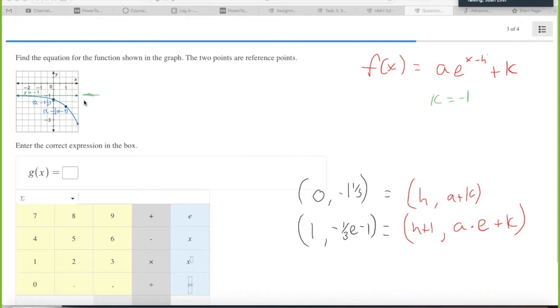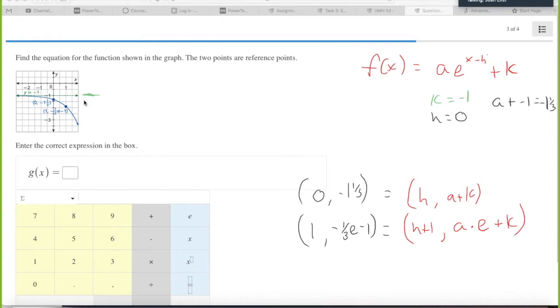So here we go. So we've got k equals -1. H is going to be equal to 0. That's because of this guy right there. So then we know that a plus a -1 is equal to a -1 1/3.